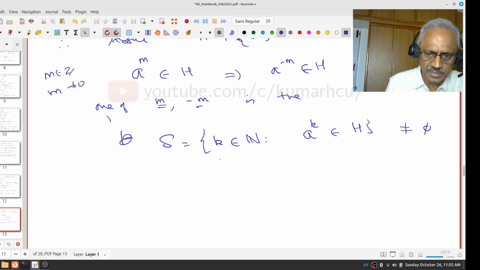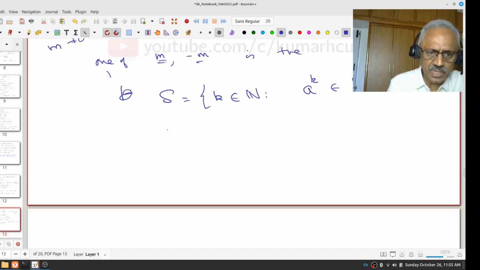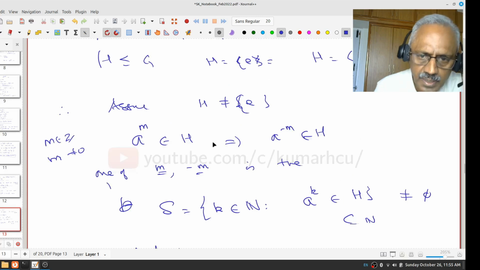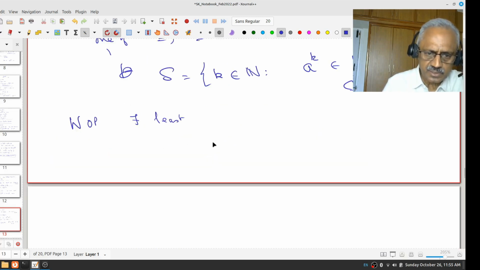Is that clear? Therefore this is a non-empty subset of natural numbers. Therefore by the well-ordering principle, there exists a least natural number n such that a to the power n belongs to H.